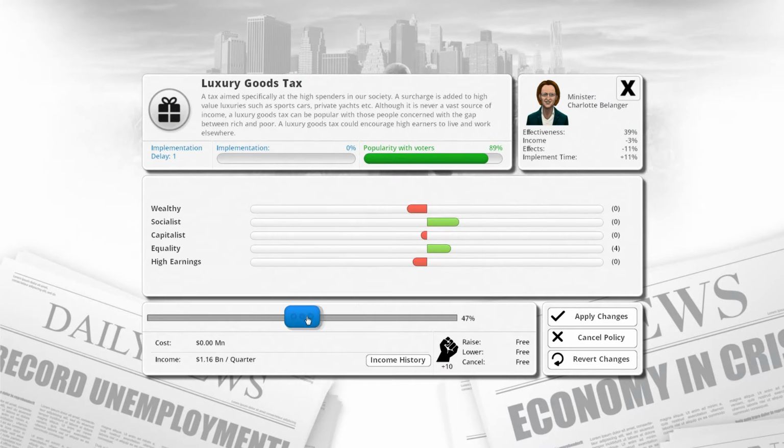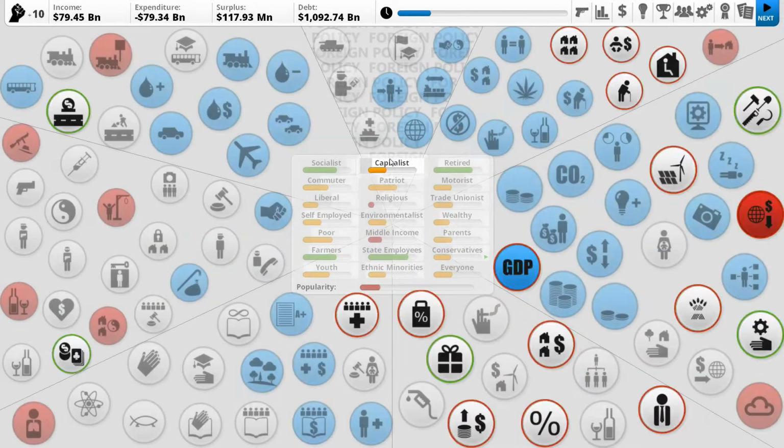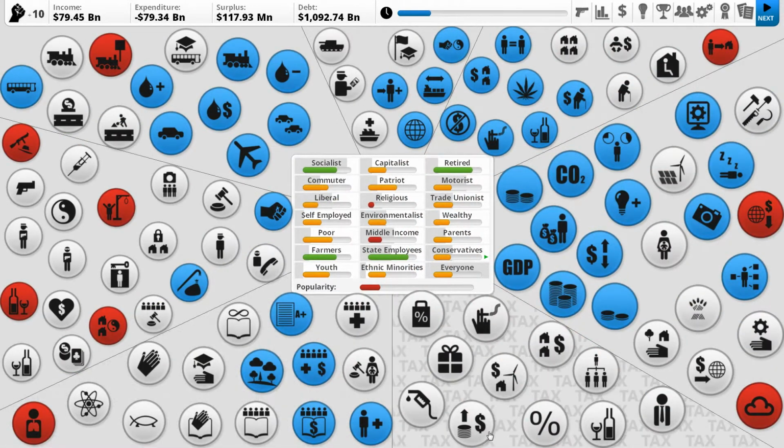This increases equality too, that's nice. Let's just max that out. You want to be very careful when min-maxing stuff in this game. Things can add up quickly. Well, we have small, wealthy, and capitalist populations, so I think that'll be worth it. Go to the next turn.